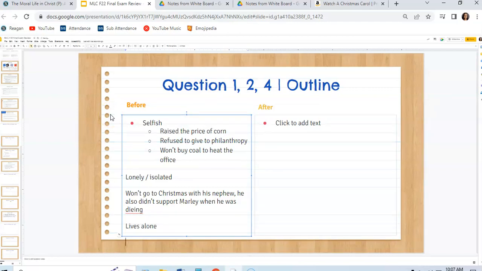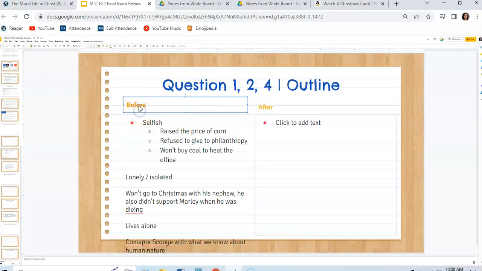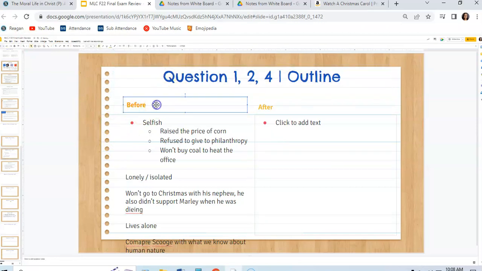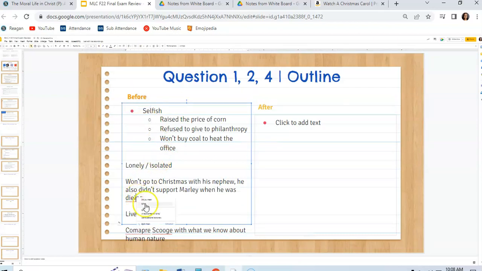In terms of bringing in the moral analysis, when we look at Scrooge's character, you can compare Scrooge with what we know about human nature. So when you're talking about what he was like as a person before, you can ask, what do we know about human nature that helps us understand Scrooge?